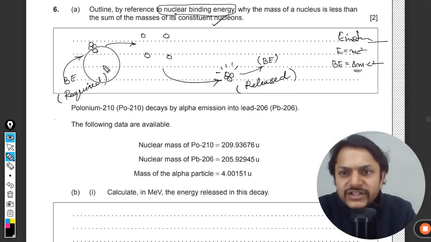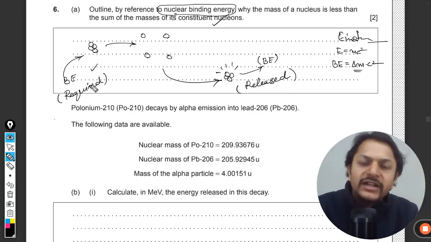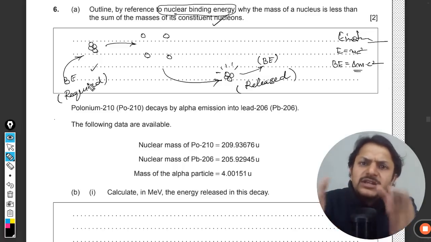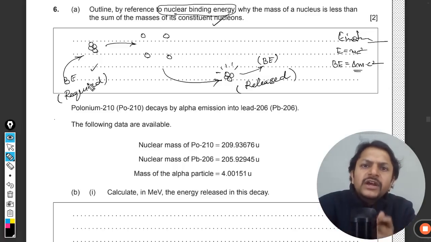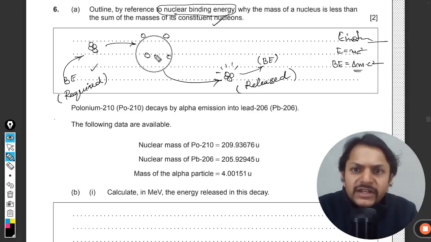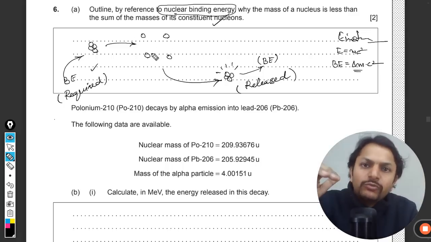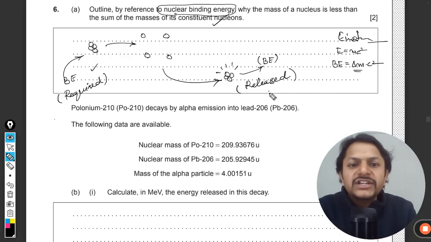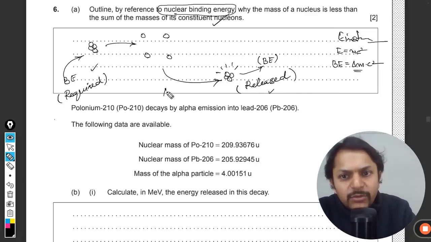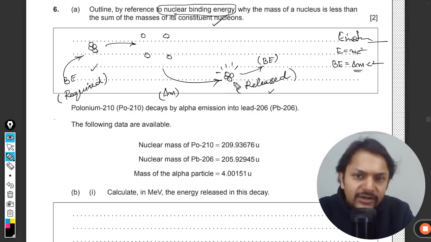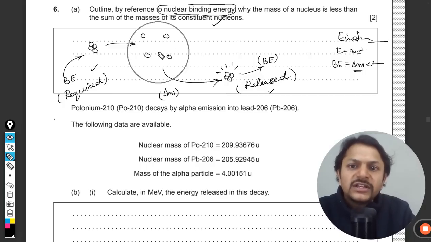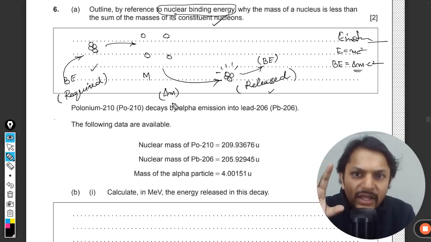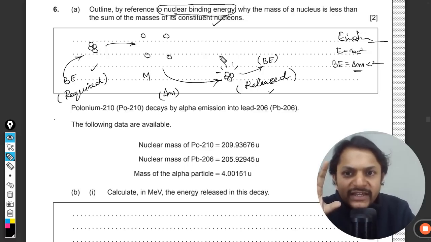Now in this first case, energy is required. It means you have to provide a lot of energy, and that energy will be given to it and the nucleus will be created. So the energy is converted into mass in this. But if you go the other way, here energy is released, so clearly some mass is lost in this reaction. So the constituent nucleons have more mass, and the nucleus has lesser mass.